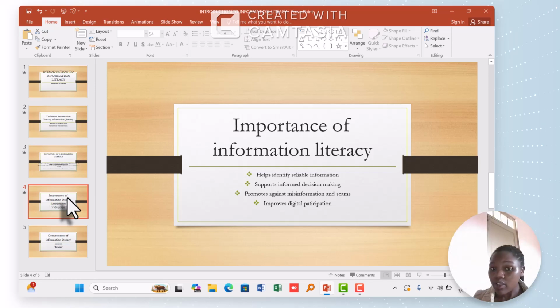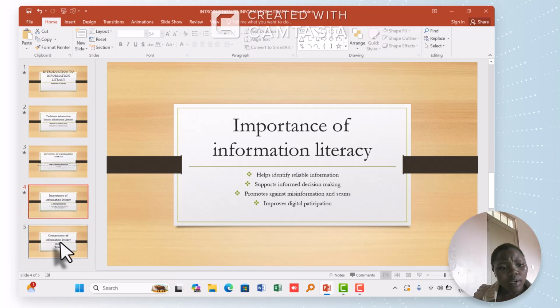Yes, information literacy protects someone against wrong sources of information, or from getting scams or bad information from unpublished sources. It also improves digital participation. Those were the importance of information literacy.